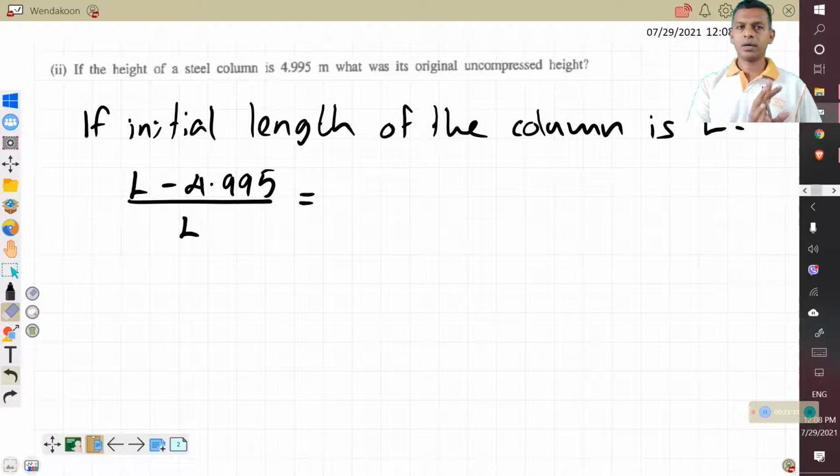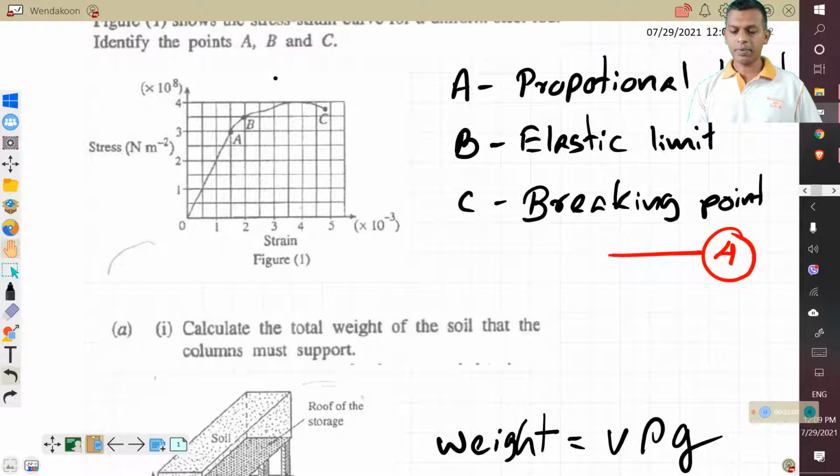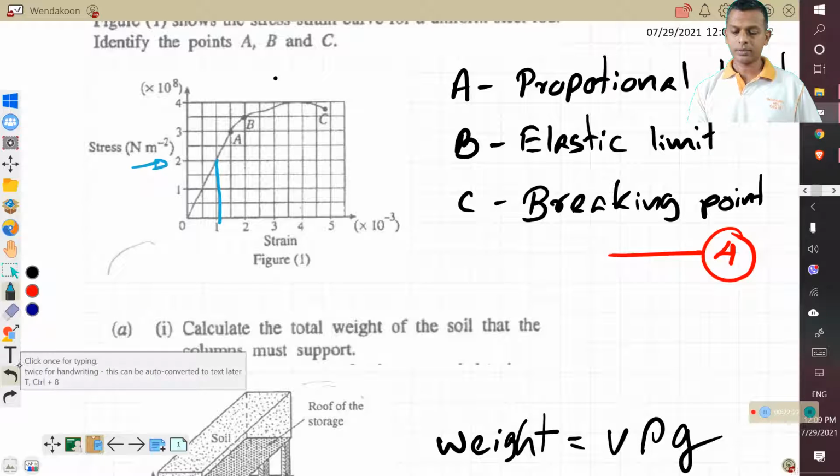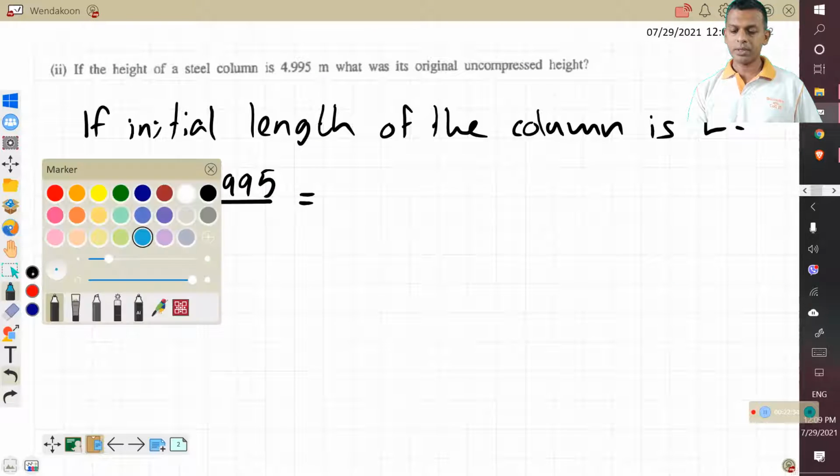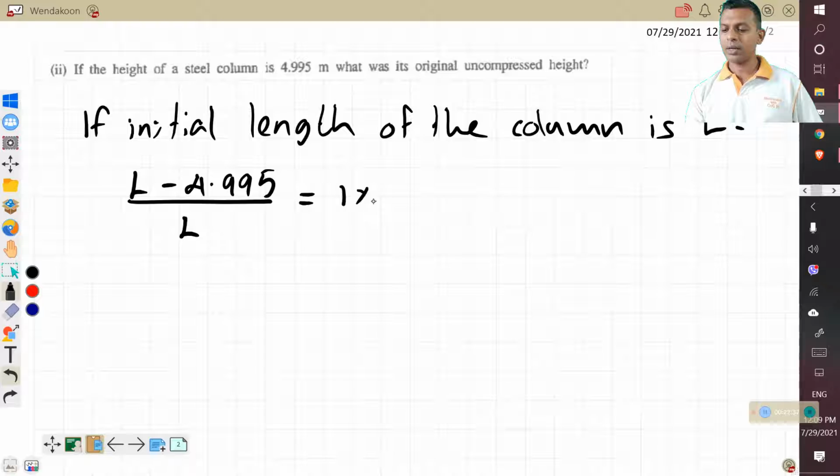Now we can go to the graph and find the strain corresponding to the 2 into 10 to the power 8. That is here, it is 1 into 10 to the minus 3. Therefore, this strain must be equal to 1 into 10 to the minus 3.